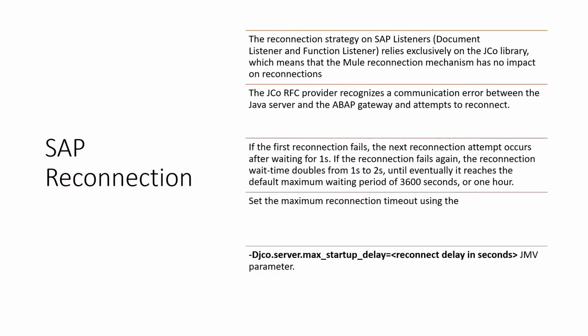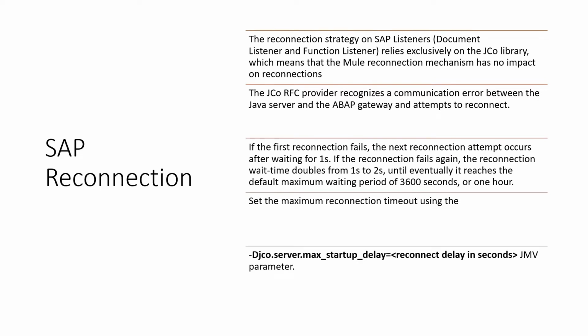Next topic in SAP connector configuration is reconnection strategy. SAP listeners rely exclusively on the JCO library, which means that the Mule reconnection mechanism has no impact on reconnection. The reconnection works in such a way that for the first time it waits for 1 second and tries to reconnect, then it waits for 2 seconds.